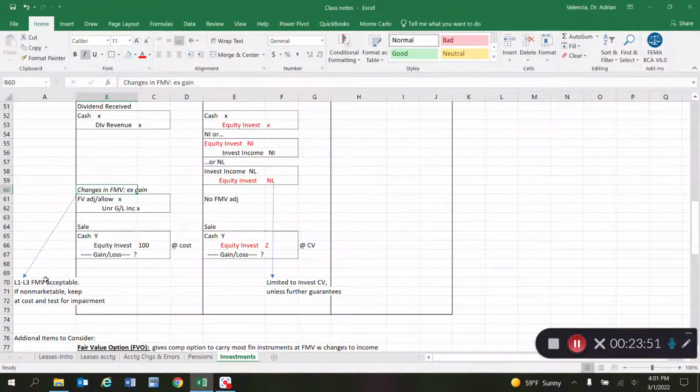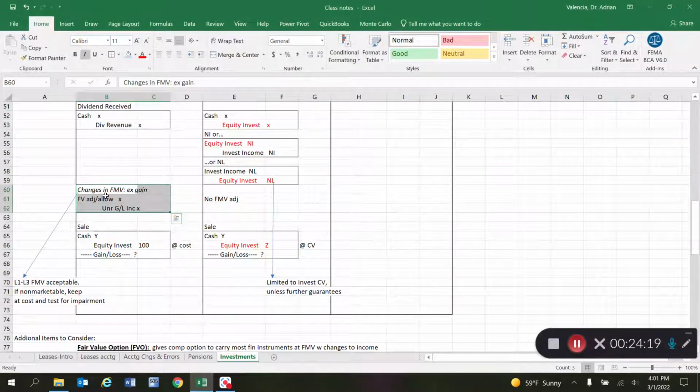That's a quotation from an orderly market of similar instruments. So it might not be the same stock that you have, but it's a similar type of stock, and you use it to value what your stocks are worth. So it's not as reliable as a level 1, but it's usable, and we consider that a level 2.